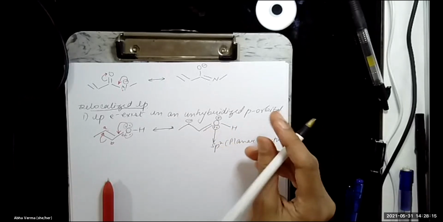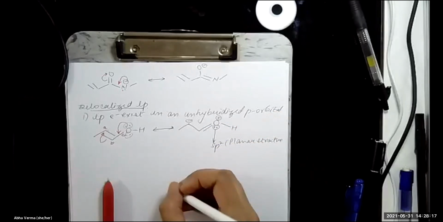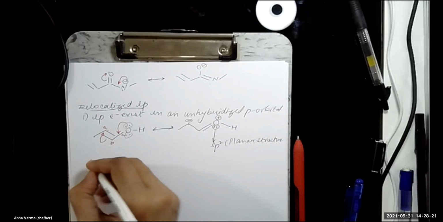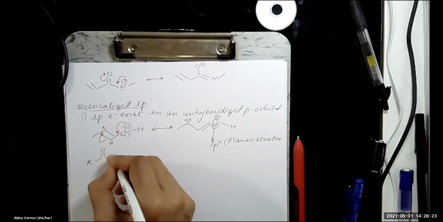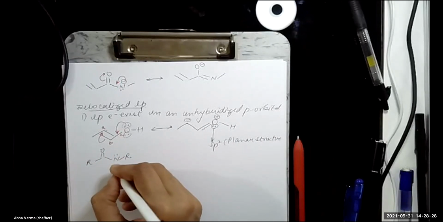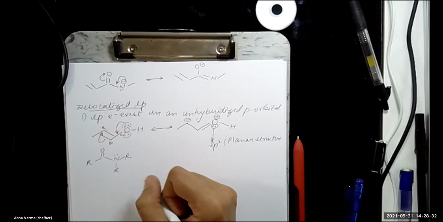So all the atoms involved, for example, the 3 atoms involved in these, have to be overlapping for the lone pair to be delocalized.